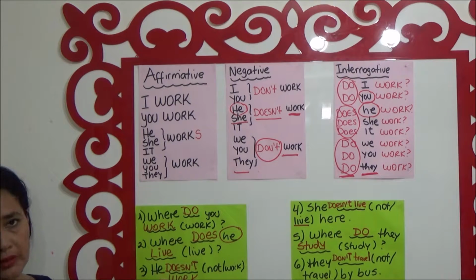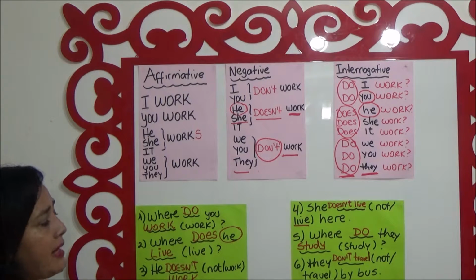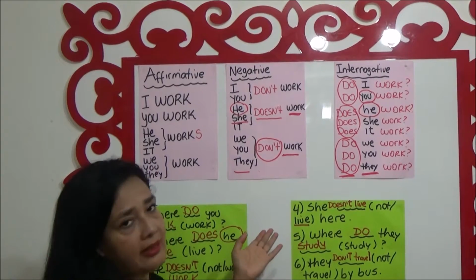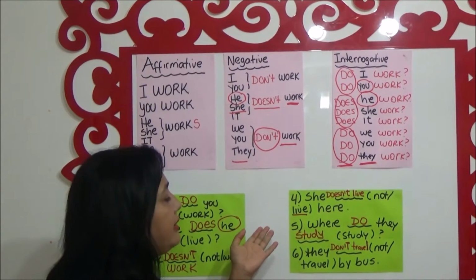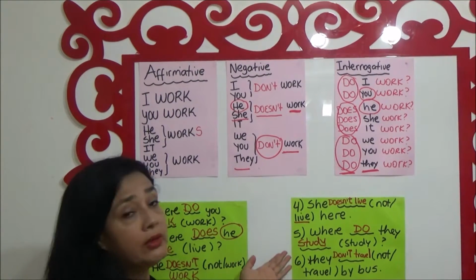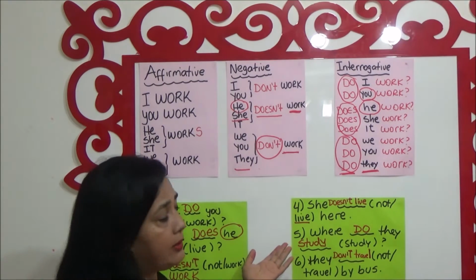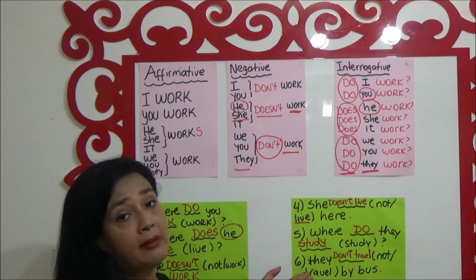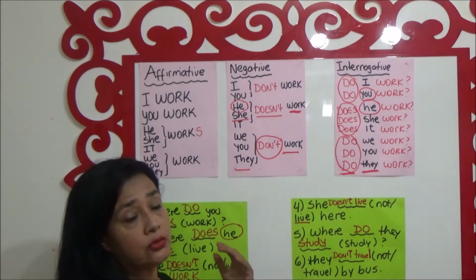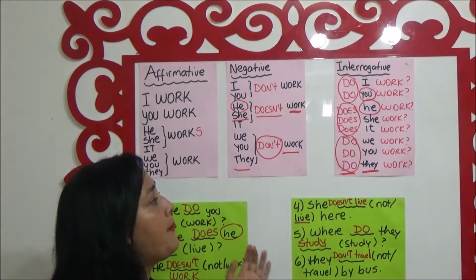He doesn't work. Number 4. She doesn't live here. Number 5. Where do they study? Number 6. They don't travel by bus.